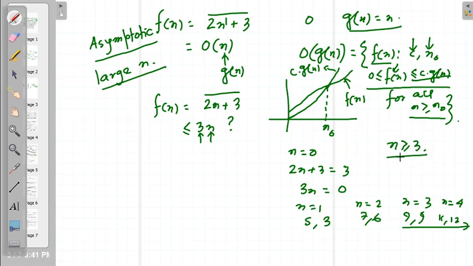For all n greater than or equal to 3, this condition is satisfied. This is our C, this is our Gn. So by this definition, we can say that this Fn is in the order of n, right? We have gone by the mathematical definition, and we have got it right as well.